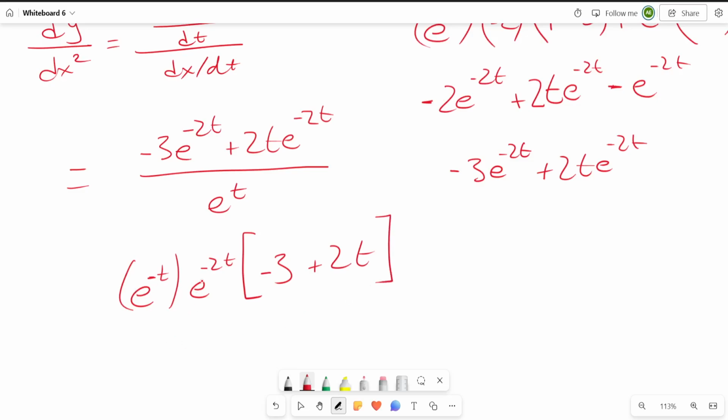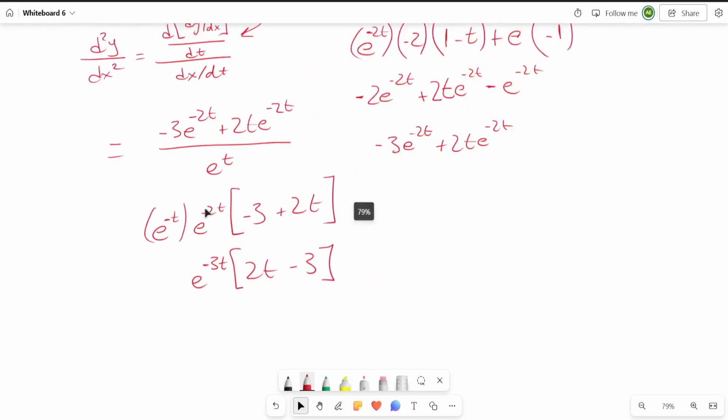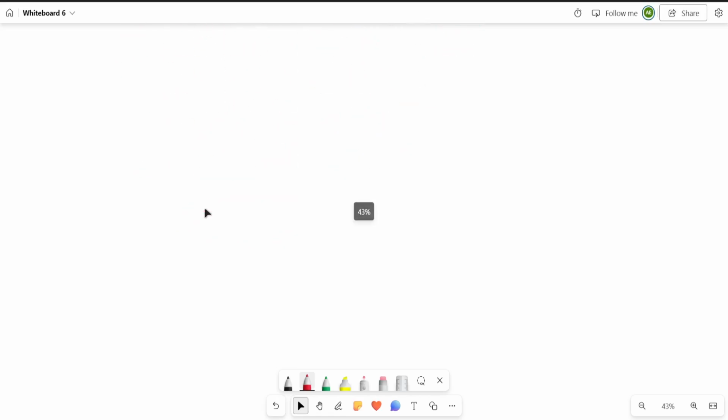So we can multiply these two together by adding the exponents. It's going to be e power negative 3t multiplying 2t minus 3, and this is going to be my second derivative.